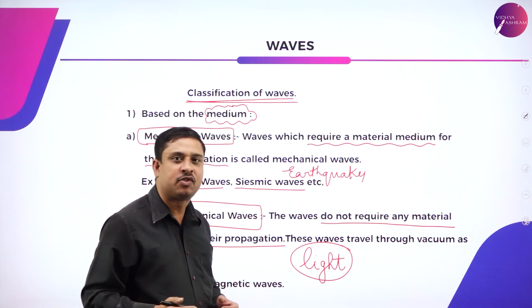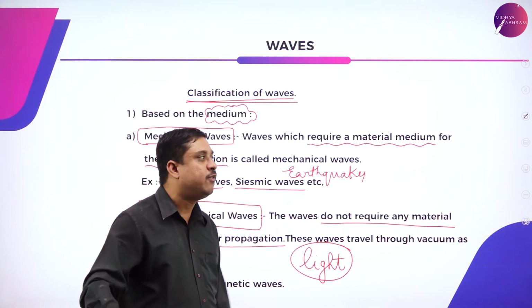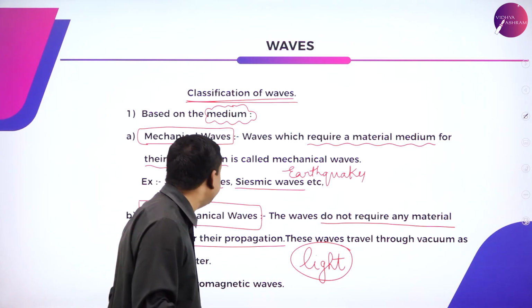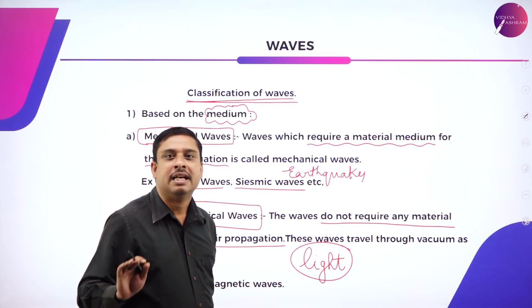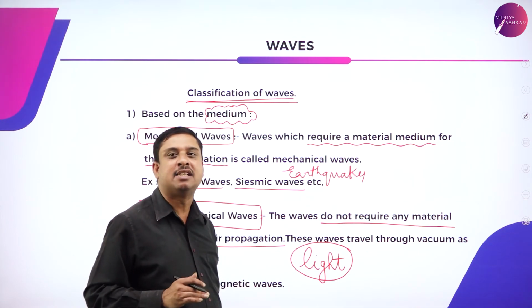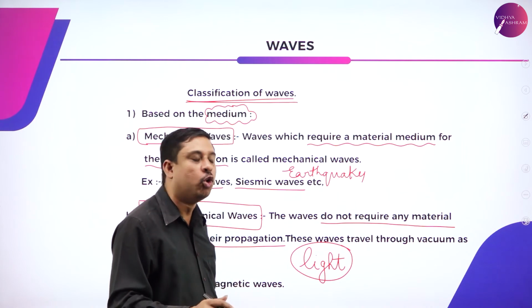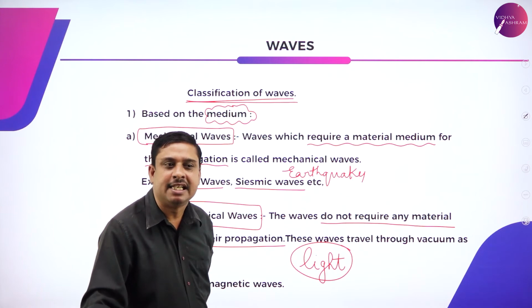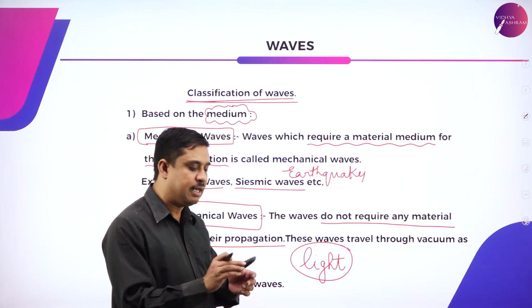Exactly sound waves. Non-mechanical waves don't require material medium to propagate. They can move in free space and in vacuum. For example, all electromagnetic waves, especially light.